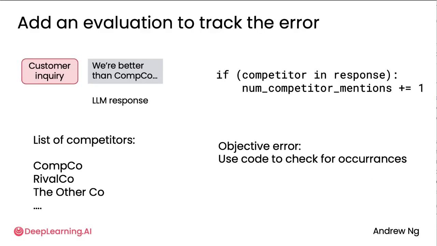But because LLMs output free text, there are also going to be criteria by which you want to evaluate this output that may be more subjective and where it's harder to just write code to output a black and white score. In this case, using an LLM as a judge is a common technique to evaluate the output.